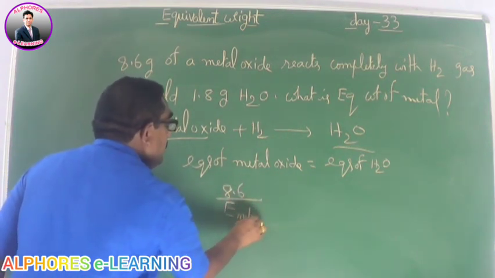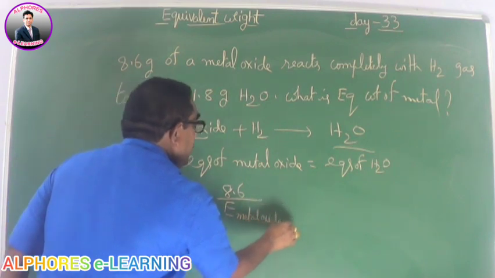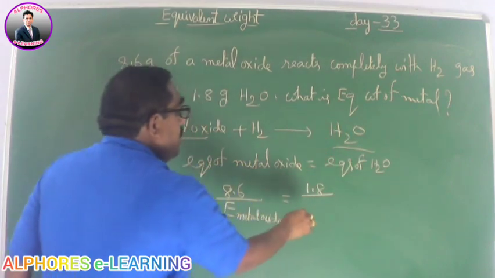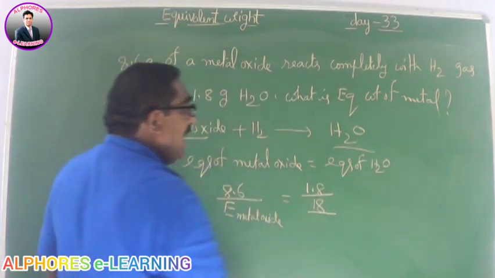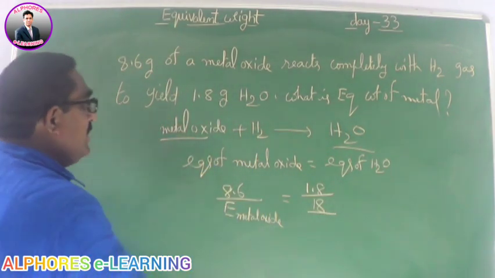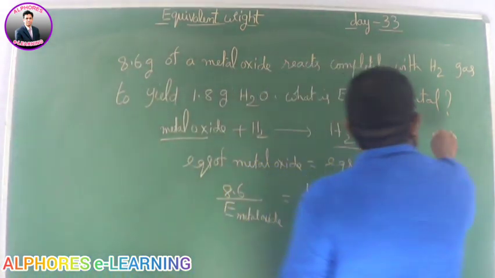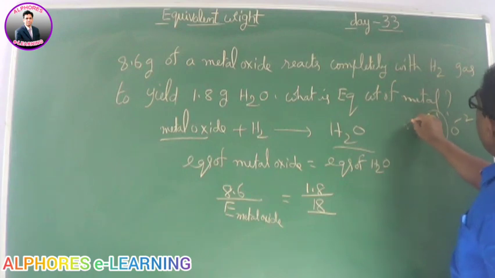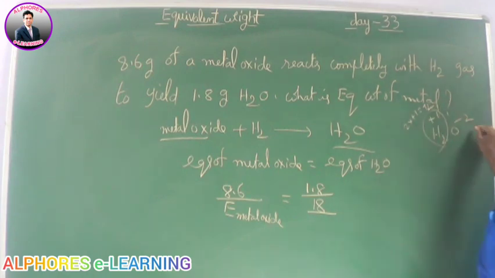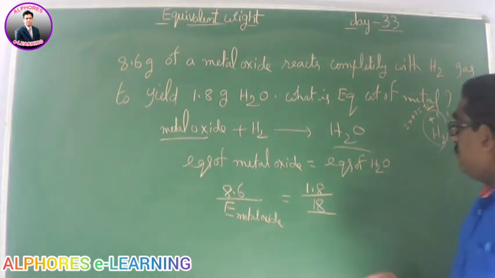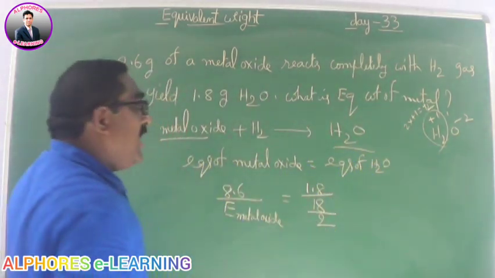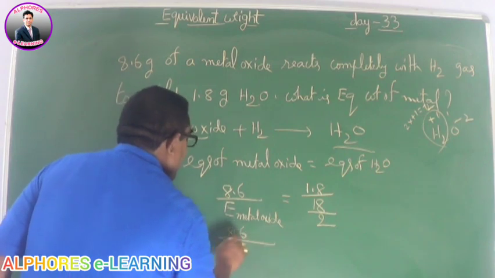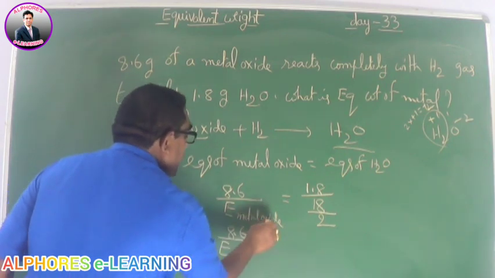So 8.6 divided by the equivalent weight of metal oxide is equal to 1.8 divided by the formula mass for water, 18, by the N factor. Here simply you can write H2O: for oxygen minus 2, for 2 hydrogens 2 into plus 1, plus 2. So the change in charge is 2. So 18 by 2 you can write.